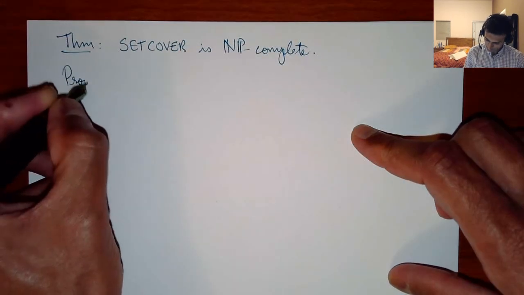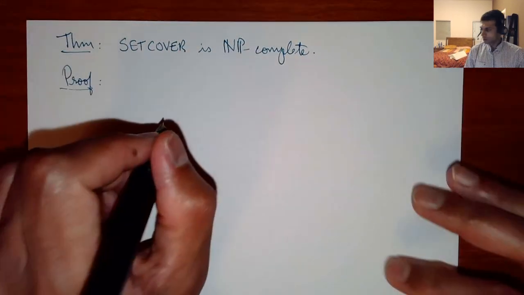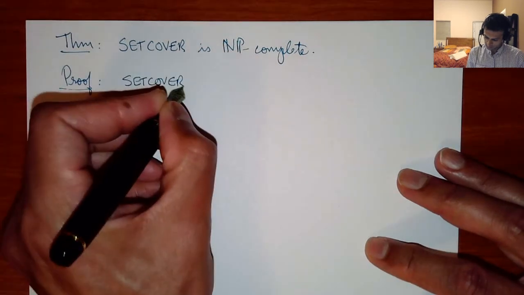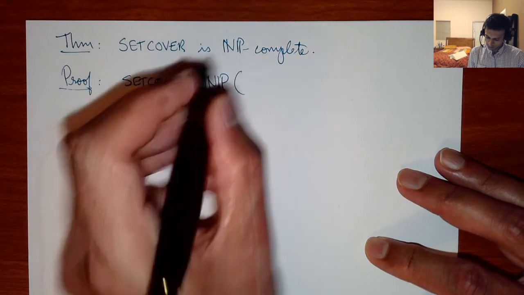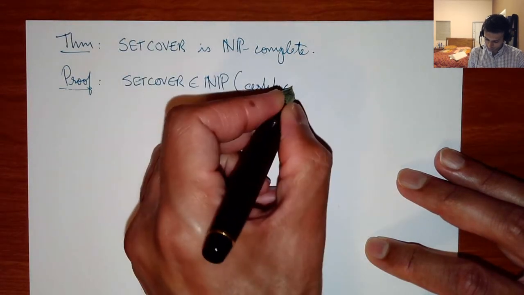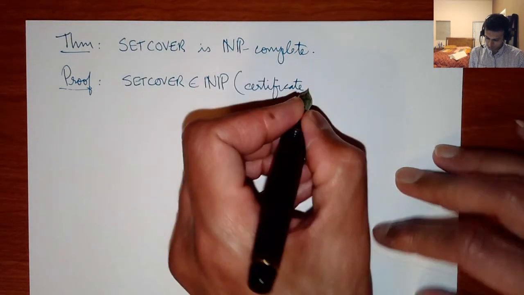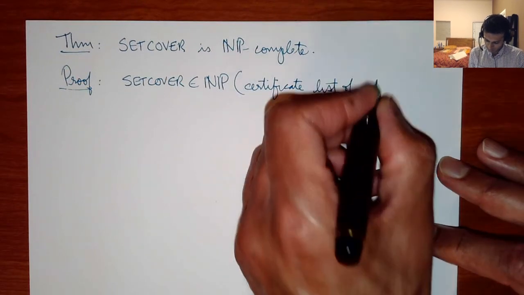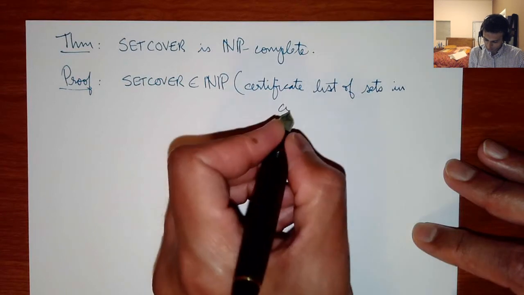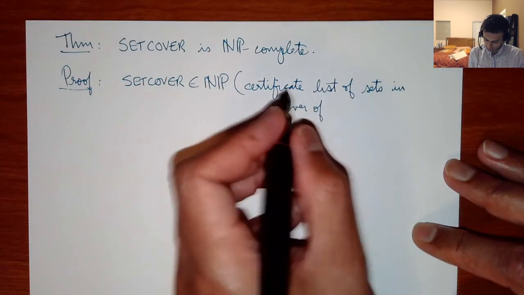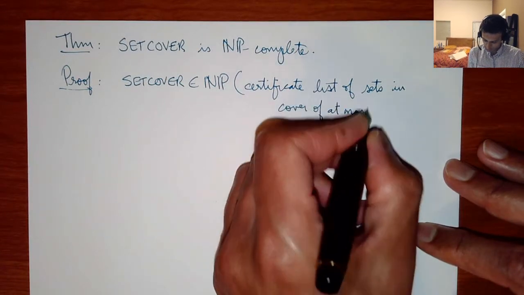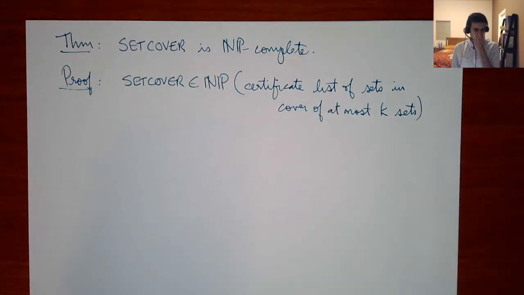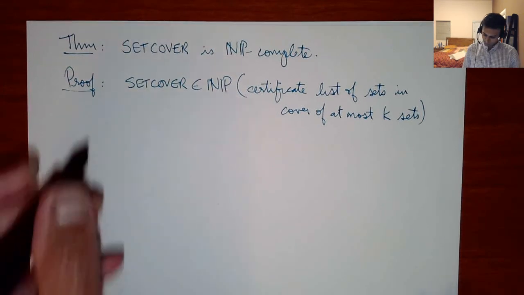So for the proof, what we'll do is we'll just say that set cover is in NP, and the certificate is just the list of sets in the cover of at most k sets. So the fact that it's in NP should be fairly straightforward.